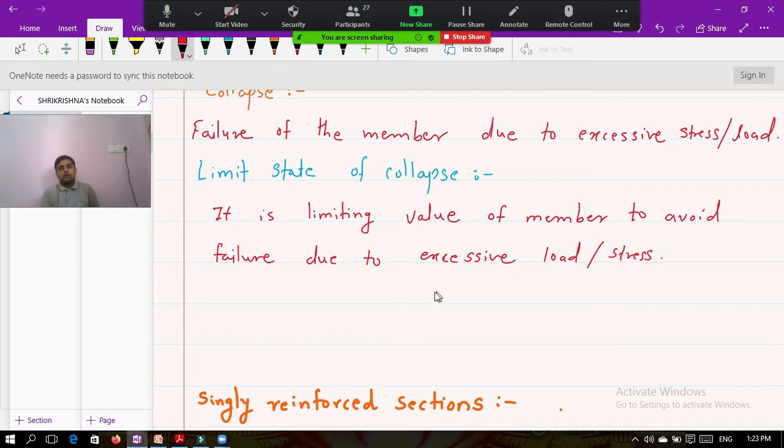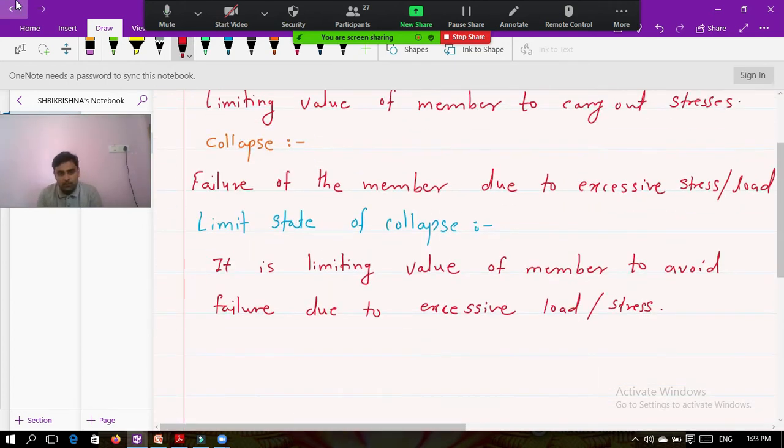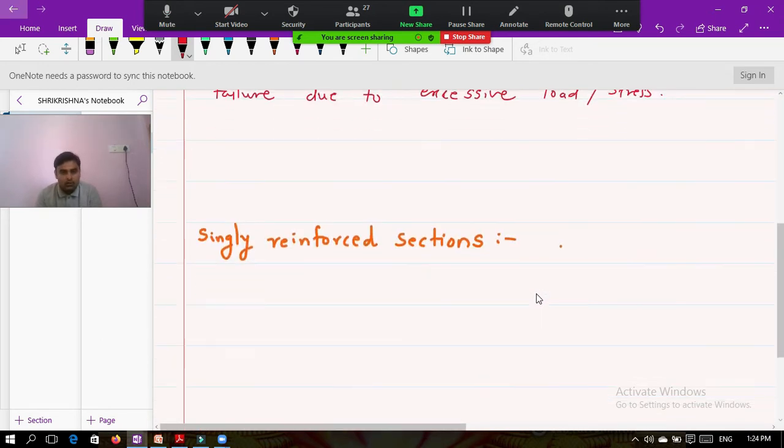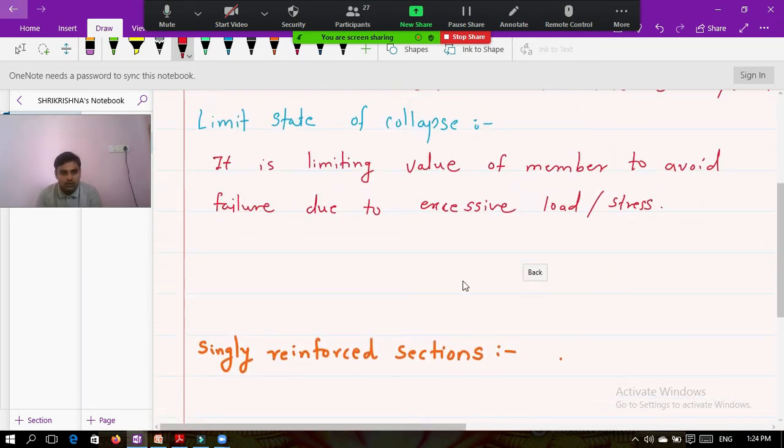So limit state of collapse means it is the limiting value of the member to avoid the failure due to excessive load.